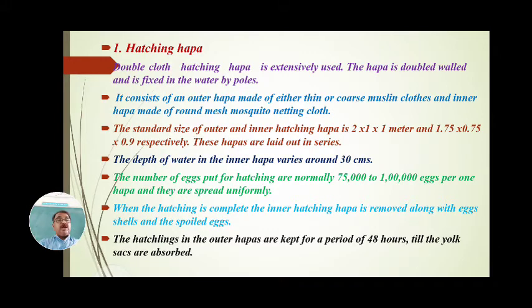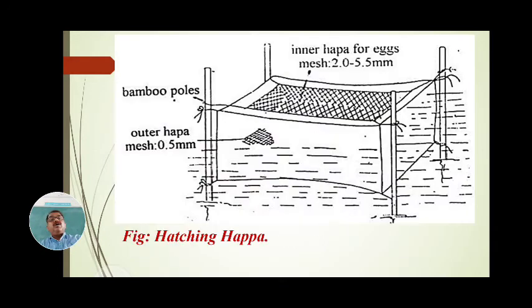After 2 to 3 days the yolk sac is absorbed by the larva as a reserve of food material, and when it is completely absorbed, the hatchlings are transferred from the hatching ponds into the nursery ponds or other ponds.